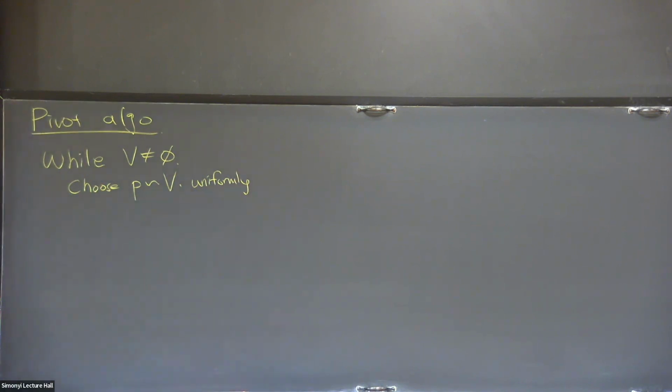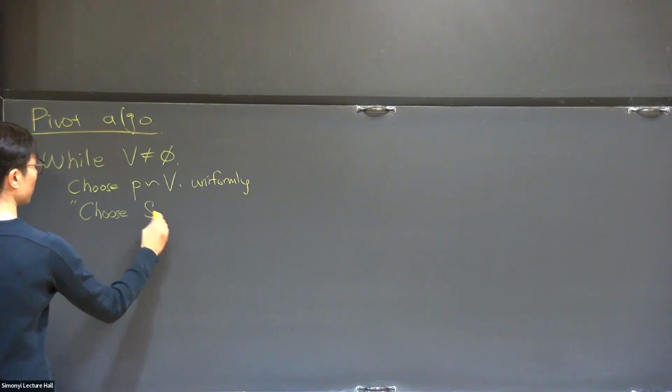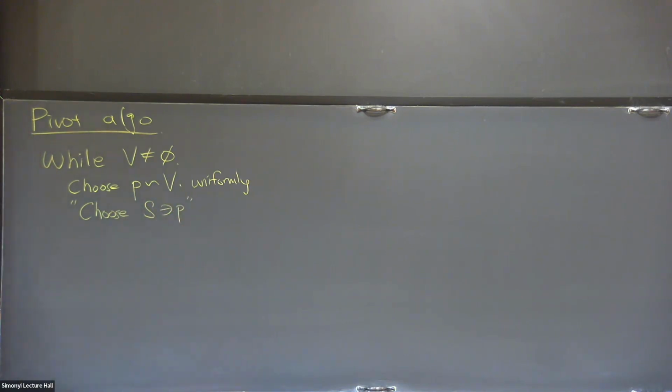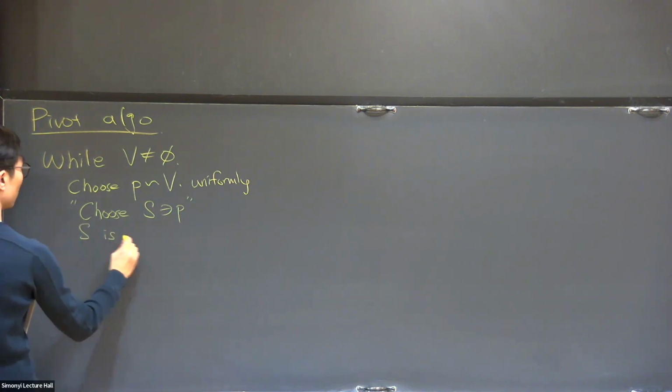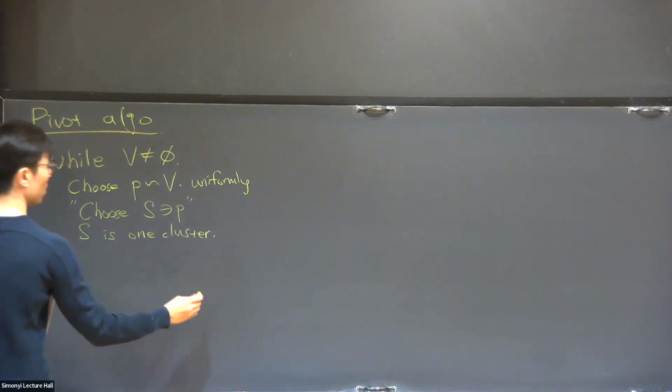P is like the seed that will determine the whole cluster. Given P, how are we going to choose S? Choose S somehow, let me be vague about this. Then S is one cluster, and then the rest V.